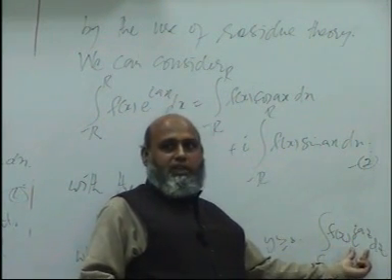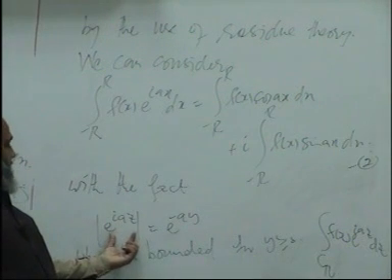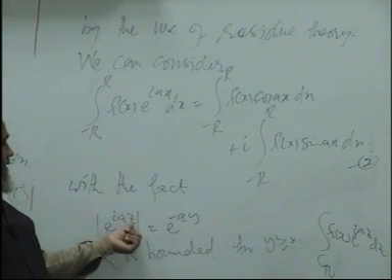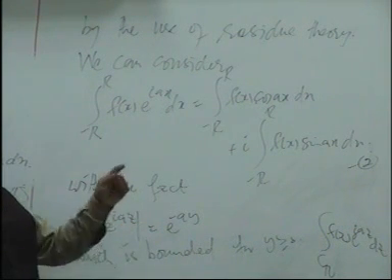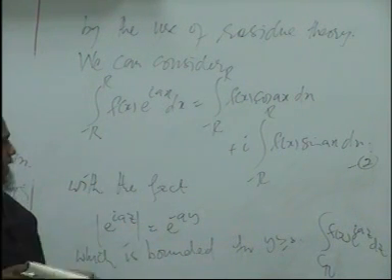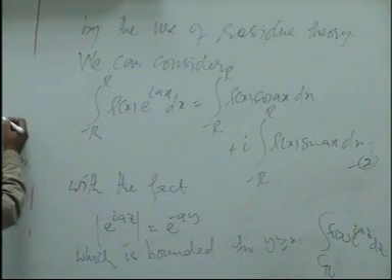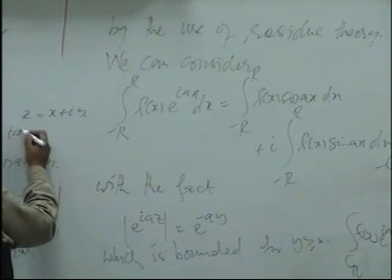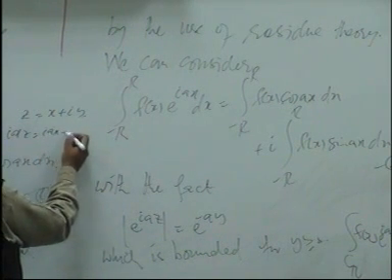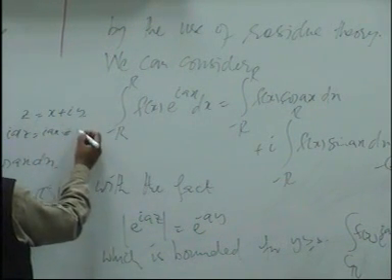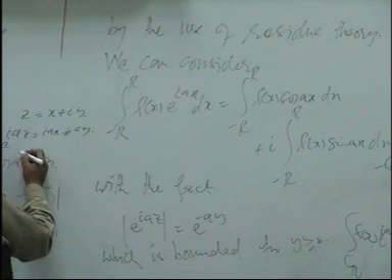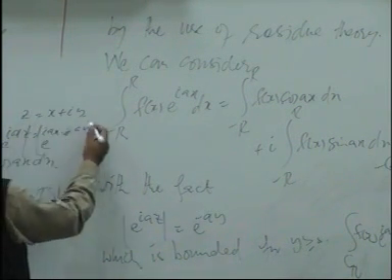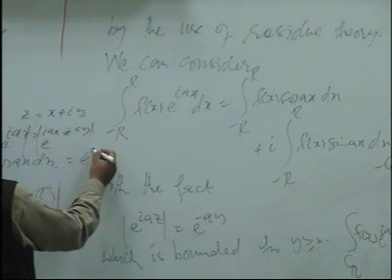What is the mod value of this one? If you put z equal to x plus iota y, then iota az is iota ax minus ay. So the mod of the exponential of this will be this one.